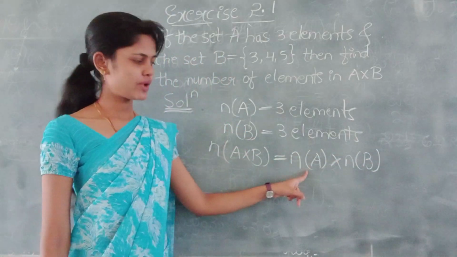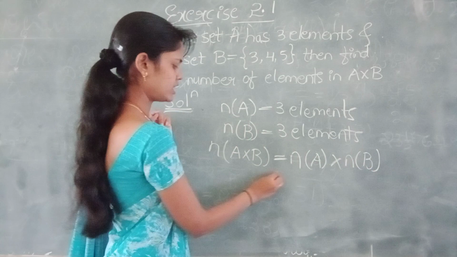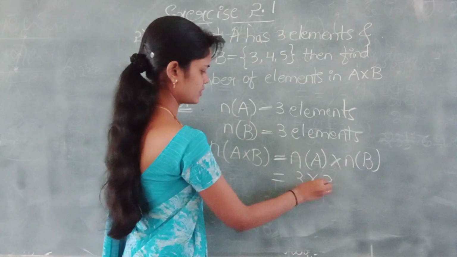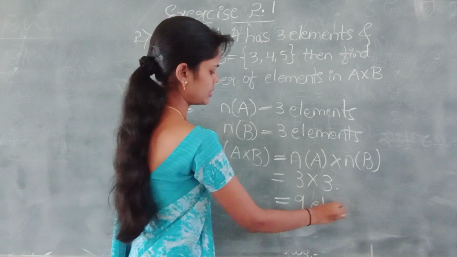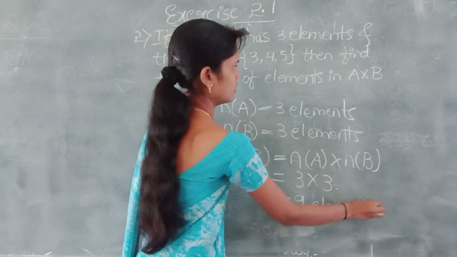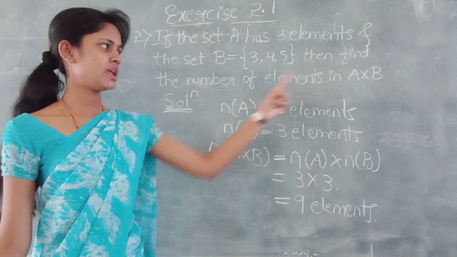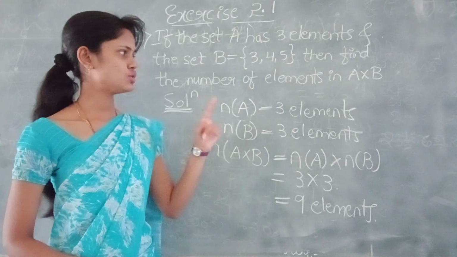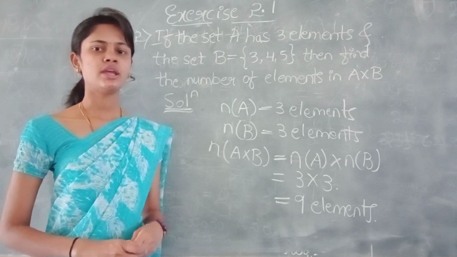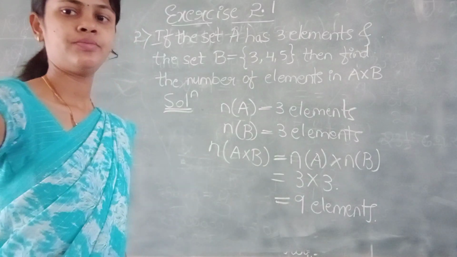You know n(A) and n(B), so it is 3 × 3. Therefore it is 9 elements. That means the number of elements in A cross B is 9. This is the solution.